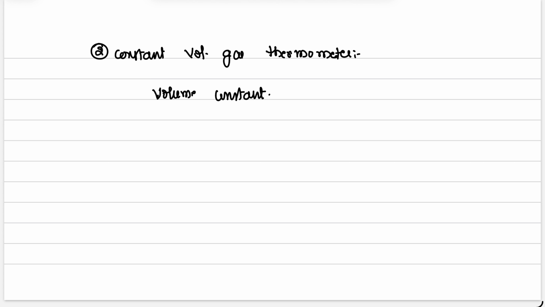When volume is constant, PV is directly proportional to T implies P is directly proportional to T, where T is the capital T, that is in Kelvin.